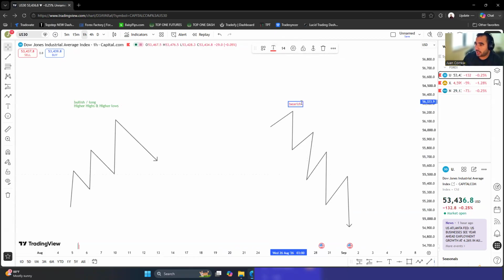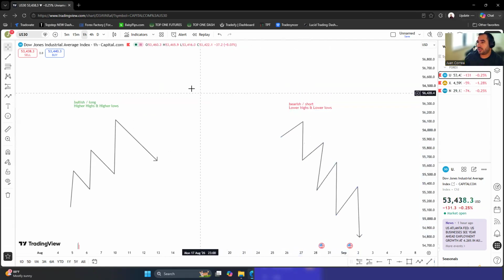So that's bearish, or you can say short. And then you're creating lower highs and lower lows. All right, so that's basically that.